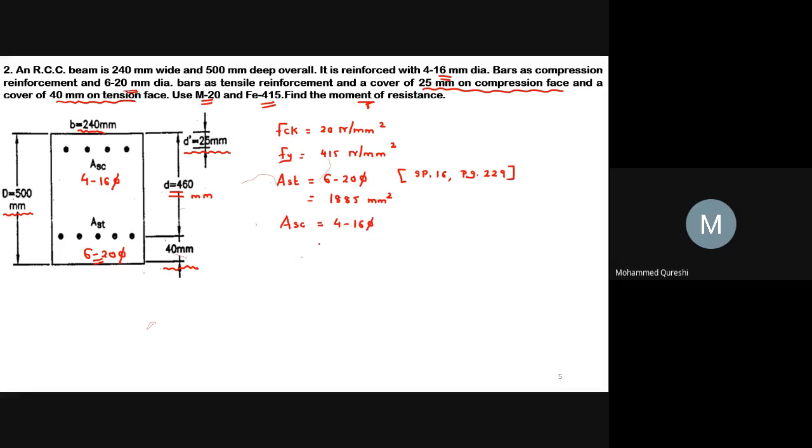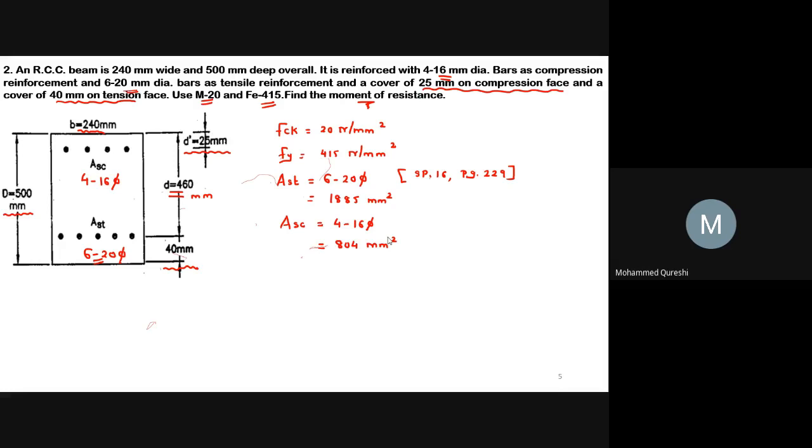So using SP16 page 229, you will get the value of Asc as 804 mm square. And here small d is 460 mm, 500 overall depth minus tension cover 40. So we will get small d equals 460 mm.